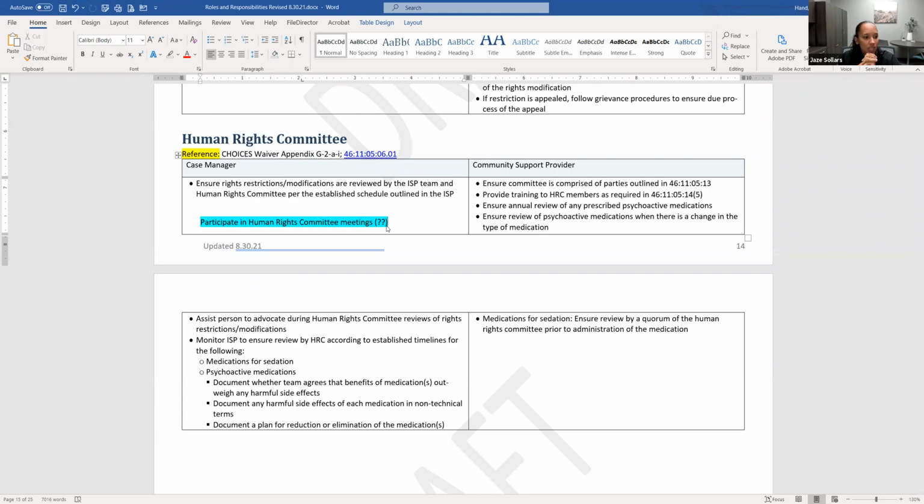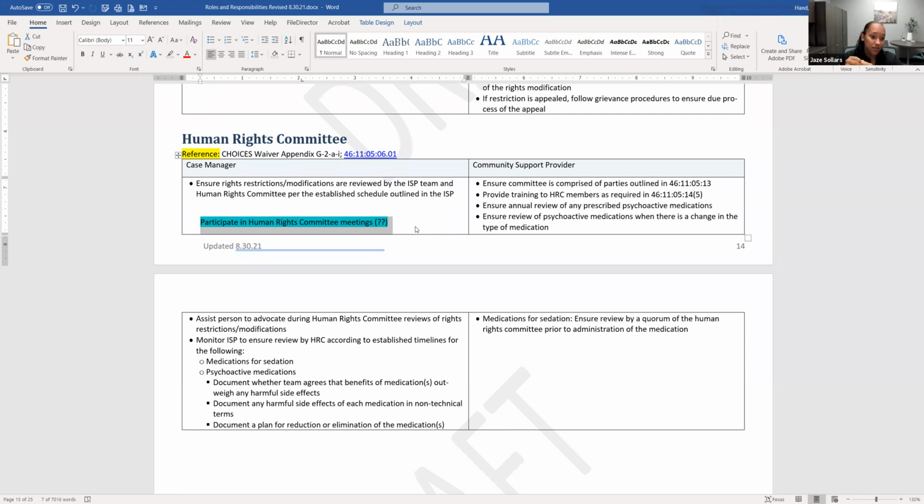So the one thing that we would have to do and had discussed was, because the waiver does say that the case manager would approve the rights restrictions, we had talked about essentially, on whatever document is coming out of the HRC from the CSP, adding a line for the case manager signature to also sign off on, and then have that as an attachment to the ISP.